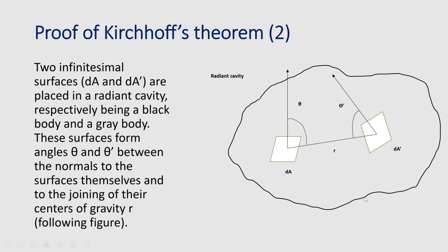This is a radiant cavity, and in this radiant cavity we have two very small surfaces, dA and dA1. So dA is a very small surface of black body, while dA1 is a very small, infinitesimal surface of gray bodies. All right. So, which are the characteristics of these different surfaces? The radiant cavity is simulating a black body, but of course it is not a black body.